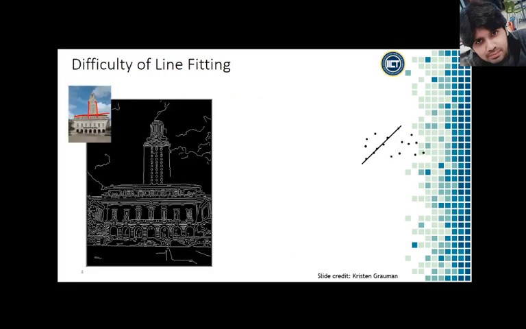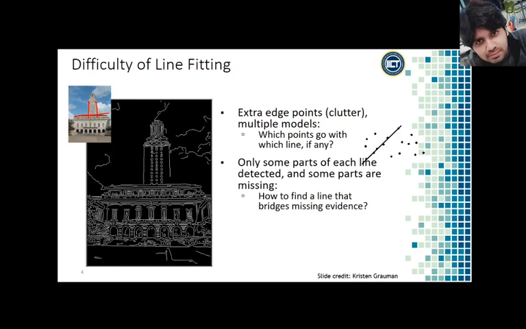Line fitting is a different problem than edge detection. There will be extra edge points, there will be clutter, and there will be multiple models to look after. Which points to go with and which line to go with are questions which cannot be answered by simple edge detection techniques. Also, only some parts of each line are detected and some parts are missing.